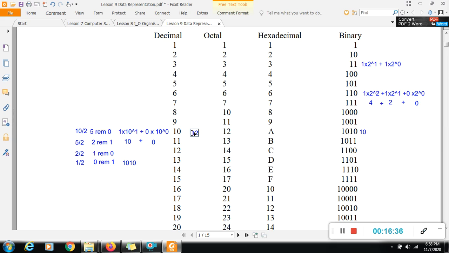If we wanted, for instance, to get this 12, we get 2 multiplied by 8 to the power of 0.